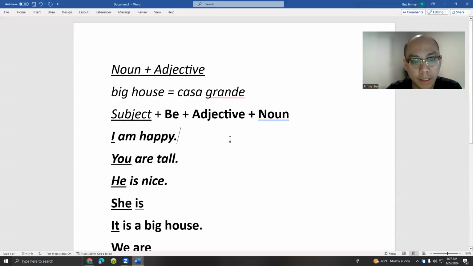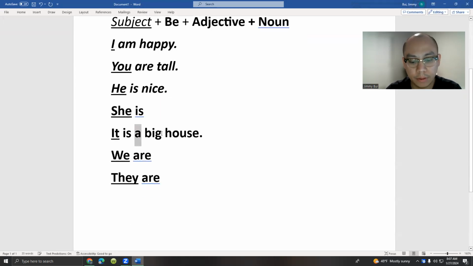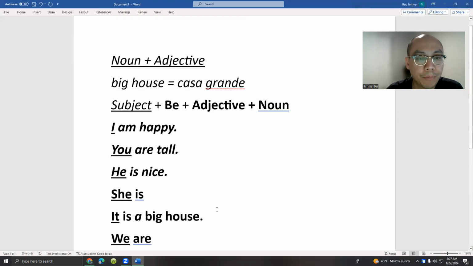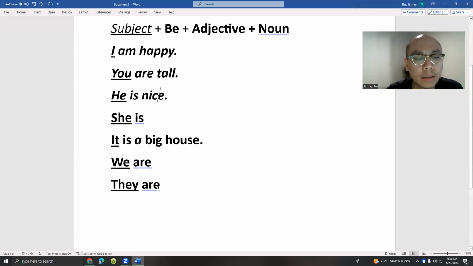So in this case, we use a for one house, as opposed to the sentence structure here. We would not say he is average a height or a weight. It's not singular or plural, right? So going back to this here, he is nice.